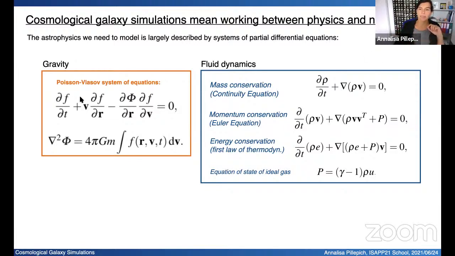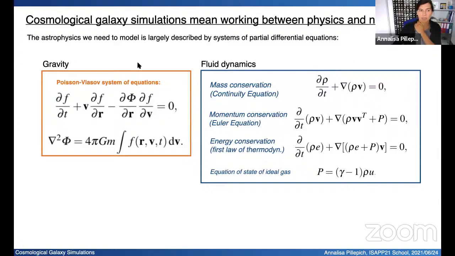In the previous days or this morning, you have seen that you can describe gravity with the Poisson-Vlasov system of equations, where you can describe all your dark matter component with a density function. And we have seen a moment ago that fluid dynamics can be described by this system of equations that we generally call Euler equations.